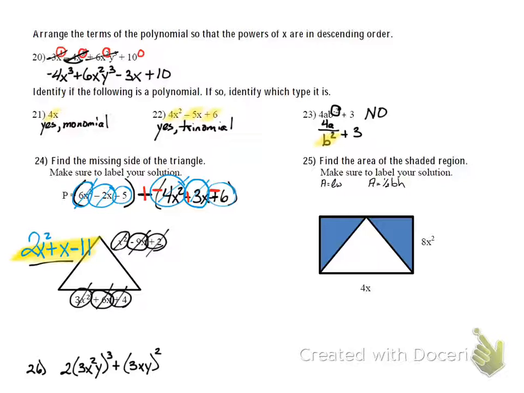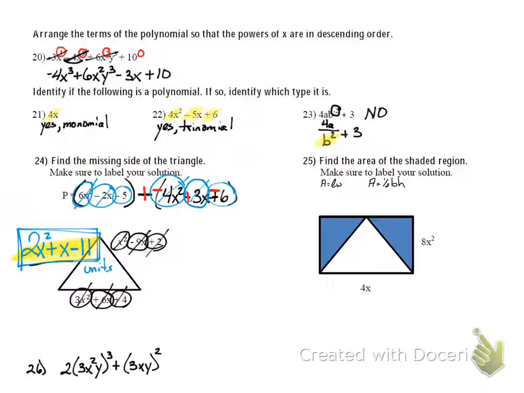So, done there. What I have in blue right here is the missing side of the triangle. And that would be in units, since they didn't tell us inches or feet or yards or anything like that. It's 2x squared plus x minus 11 units long.